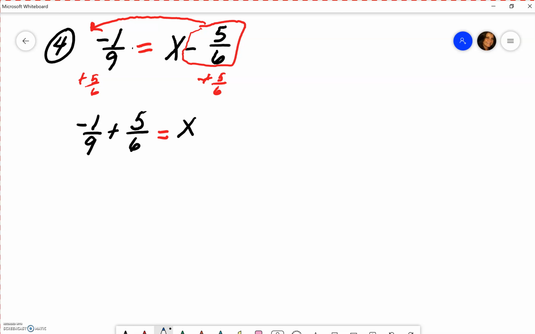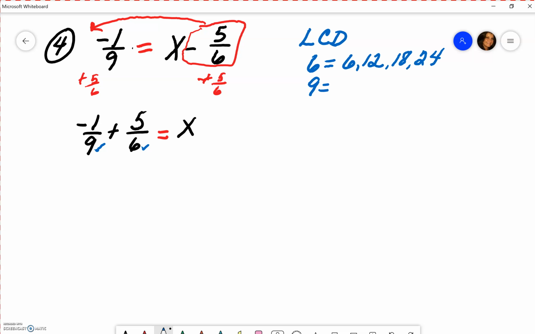But wait a minute, we have some work to do because these are not the same denominator. So we have to find the lowest common denominator. So if I have 6 and I have 9, and I start going through the process, 6 times 1 is 6, 6 times 2 is 12, 6 times 3 is 18, 6 times 4 is 24.